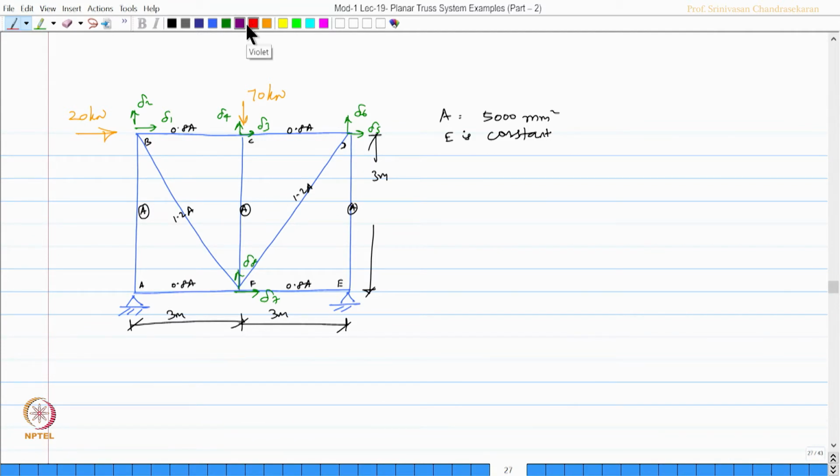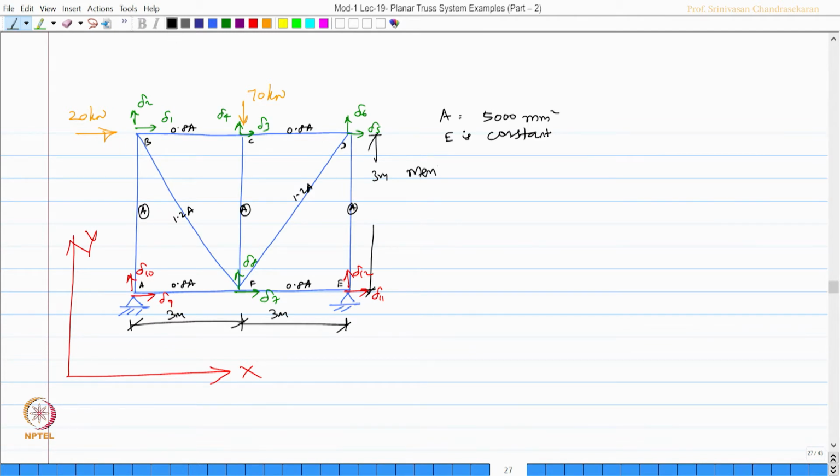Let us also mark the restraint degrees 9, 10, 11 and 12. So, the reference axis system is this way, this is x y, and each member will have a local axis. To do that, we have to identify the j and k ends of each member. Let us do that here.